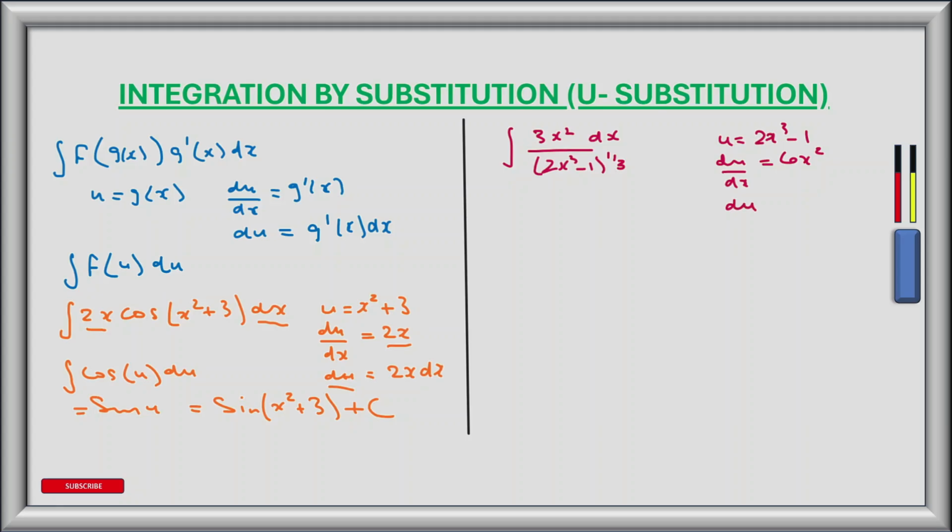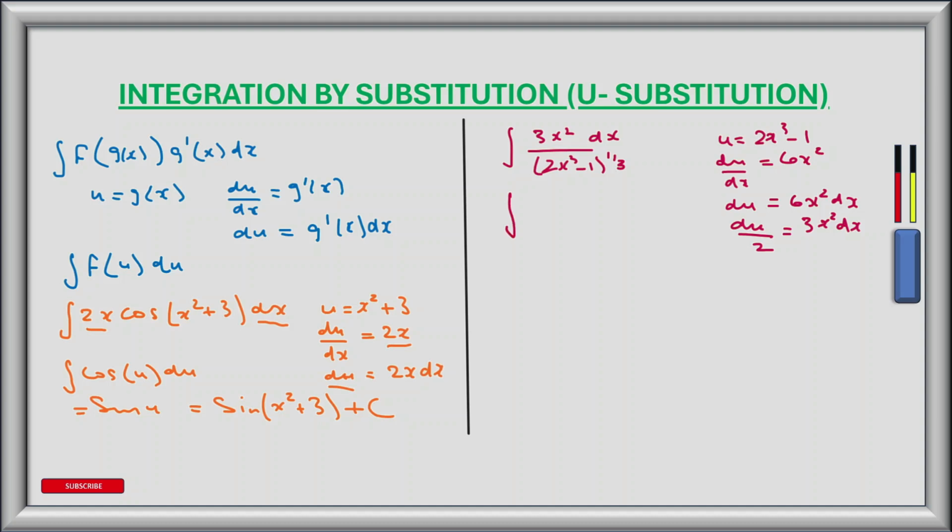So du is 6x squared dx. As you can see, this is not quite in the right form. We have 3x squared dx. But that's no trouble because we can just divide both sides by 2. So du by 2 equals 3x squared dx. Now we have it in the right form where we can substitute for u.